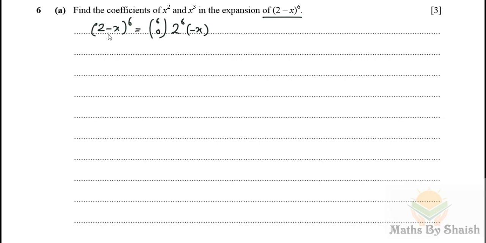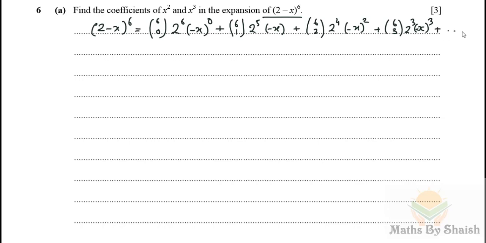We can understand it as 2 plus minus x, so to the power 0, plus 6C1, and then 2 raised to the power 5 and minus x to the power 1, then 6C2, 2 raised to the power 4 and minus x to the power 2, plus one last term 6C3, 2 raised to the power 3 and minus x to the power 3, and the rest we don't require because we only require the coefficients of x square and x cube.